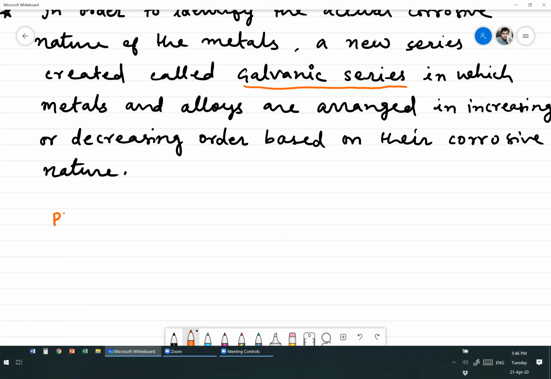According to this galvanic series, platinum is the most passive towards corrosion.